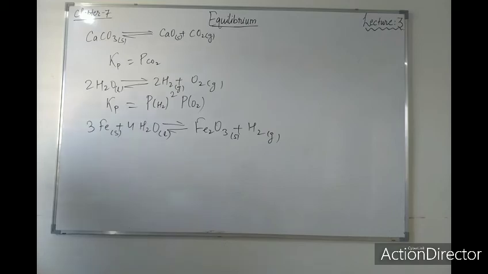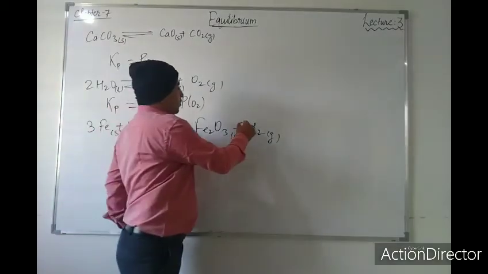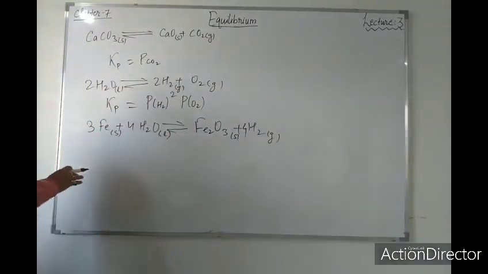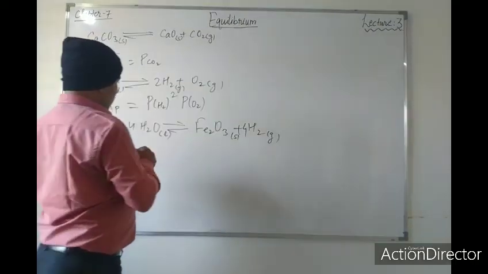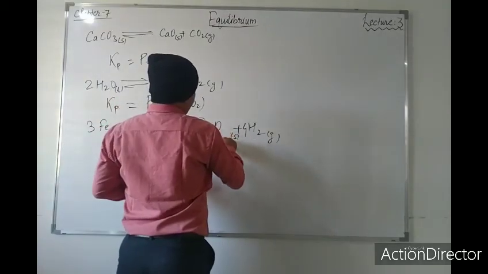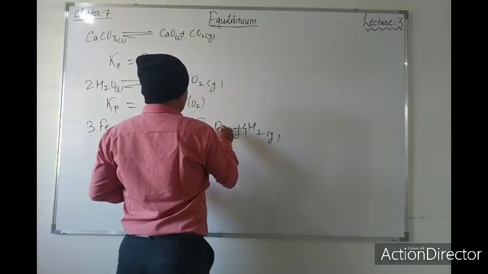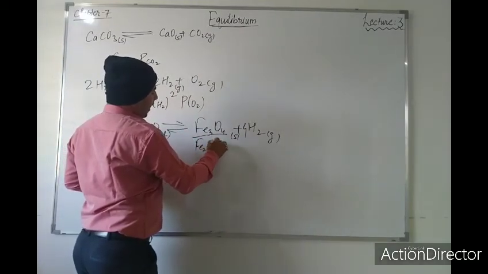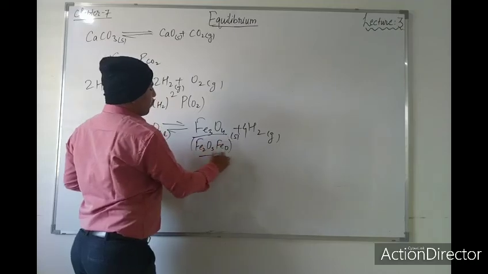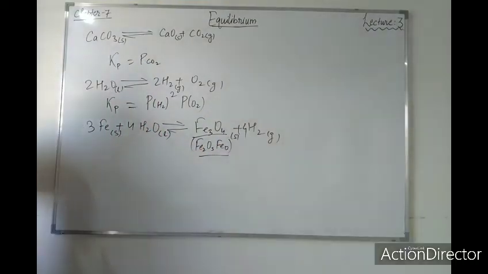Now you have to balance this reaction. No need to do anything, just see here 4, 2, 8, so everything is balanced, right? Fe3O4 will be there, don't worry. This is called ferroso-ferric oxide, Fe3O4, a combination of Fe2O3 and FeO, okay?